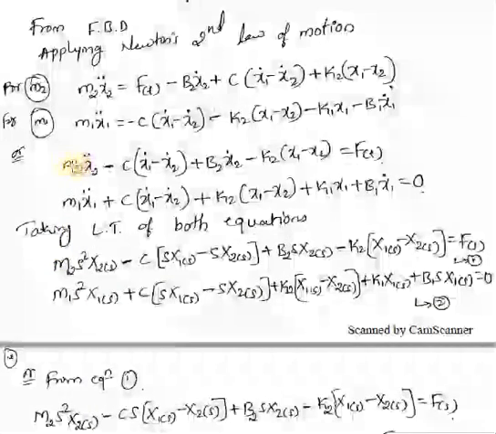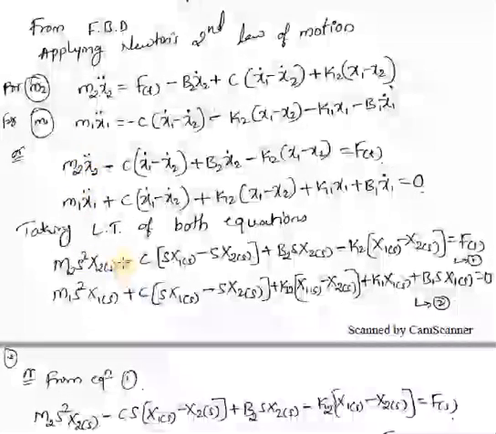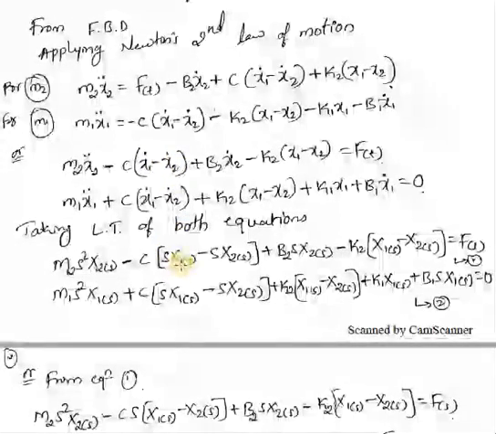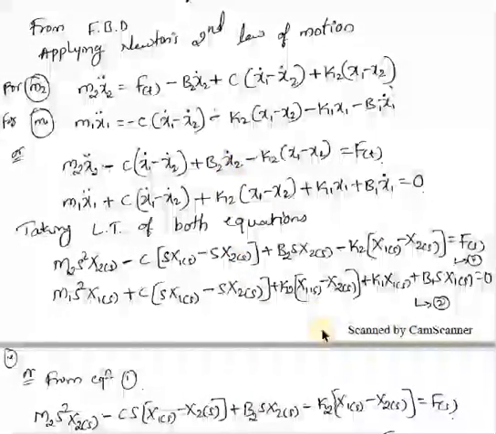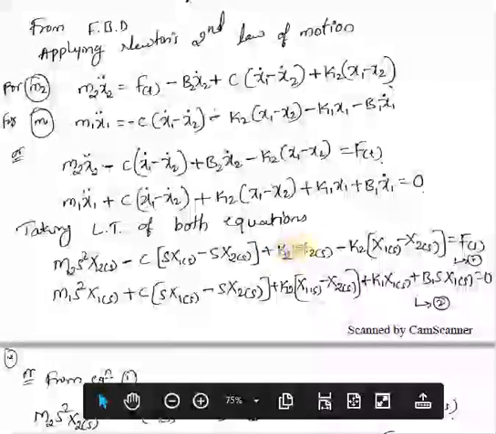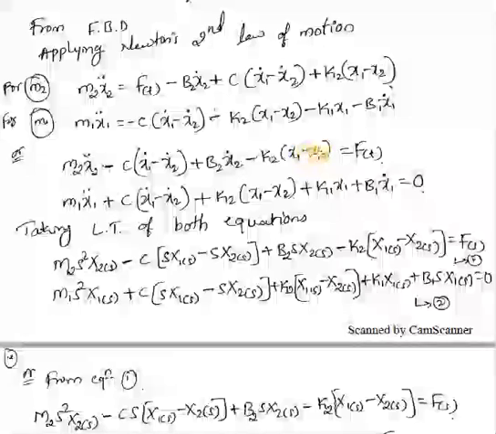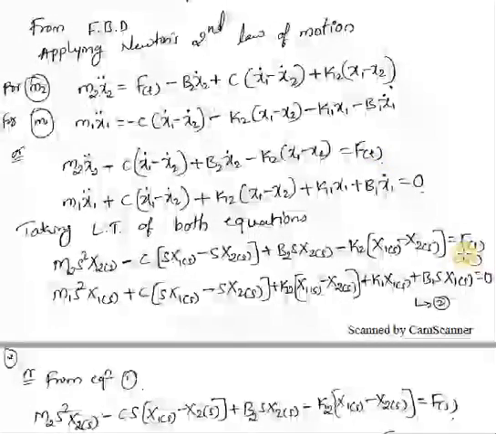So here this equation will be m2 into s square into x2 of s, because it is x2 double dot, minus c into x1 dot minus x2 dot, so it will be s into x1 of s minus s into x2 of s, plus b2 into s into x2 of s, plus k2 into x1 of s minus x2 of s, equal to f of t will become f of s.